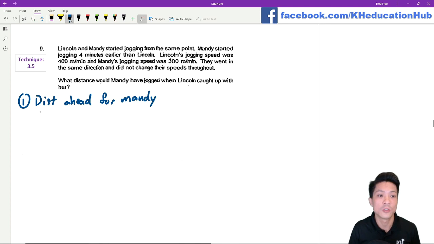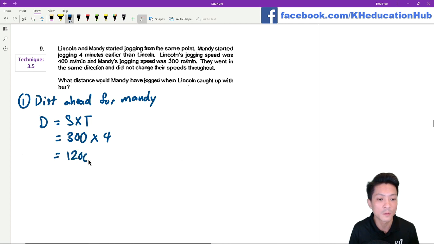Since Mandy started jogging 4 minutes earlier, to find the distance, we need to use speed times time. It will be 300 multiplied by 4, 1,200 meters.